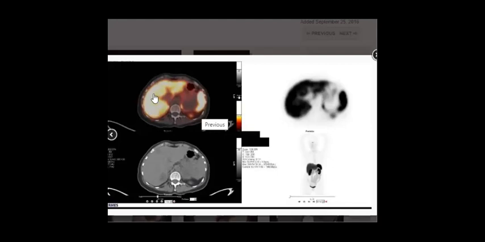Then you need to find something focal to mention that it could be pathological. Sometimes metastasis or abnormal metabolism can involve all the liver, but as a common rule, we can consider the liver uptake as physiological uptake, okay?